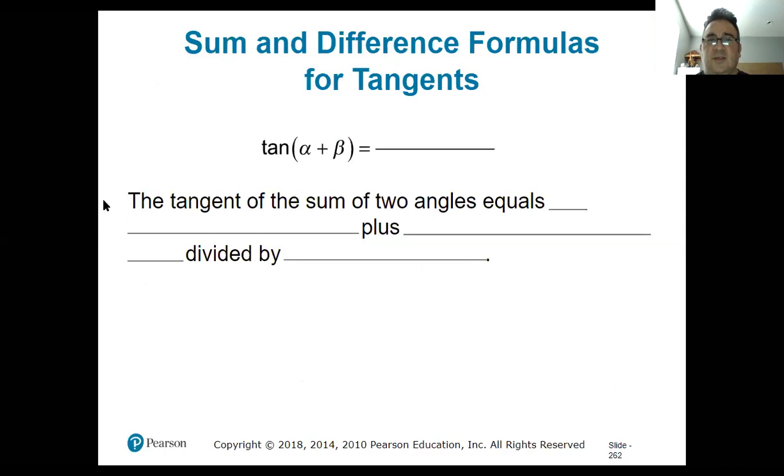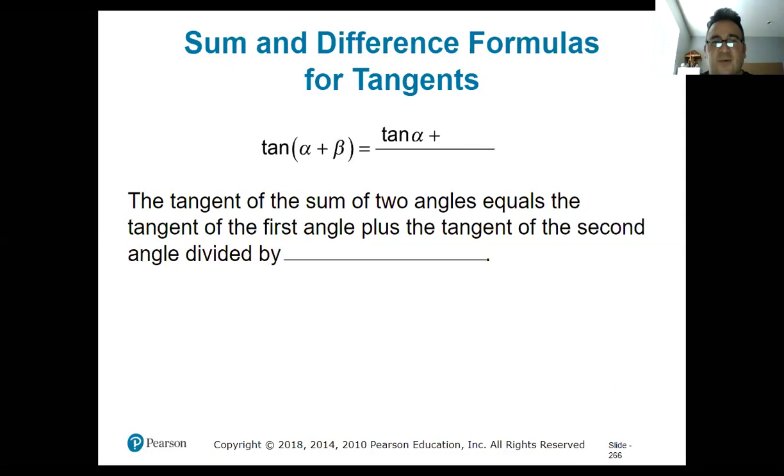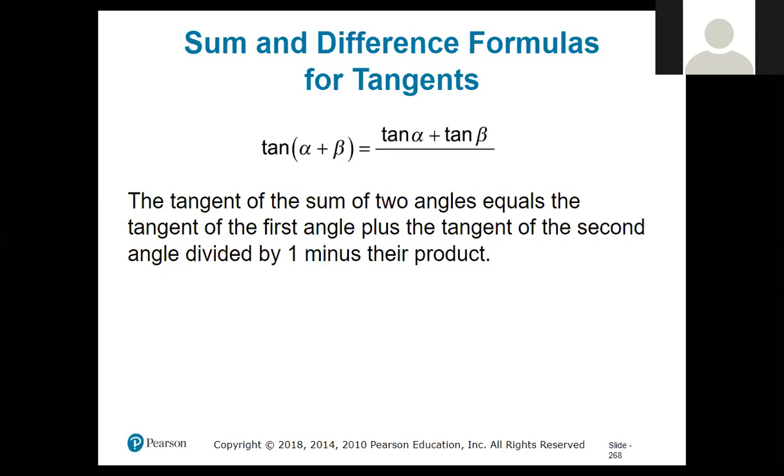is tangent. So this is the tangent formula, right? The tangent of alpha plus beta is equal to the tangent of the first angle, so that would be tangent of alpha, plus the tangent of the second angle, which is beta, divided by 1 minus their product.